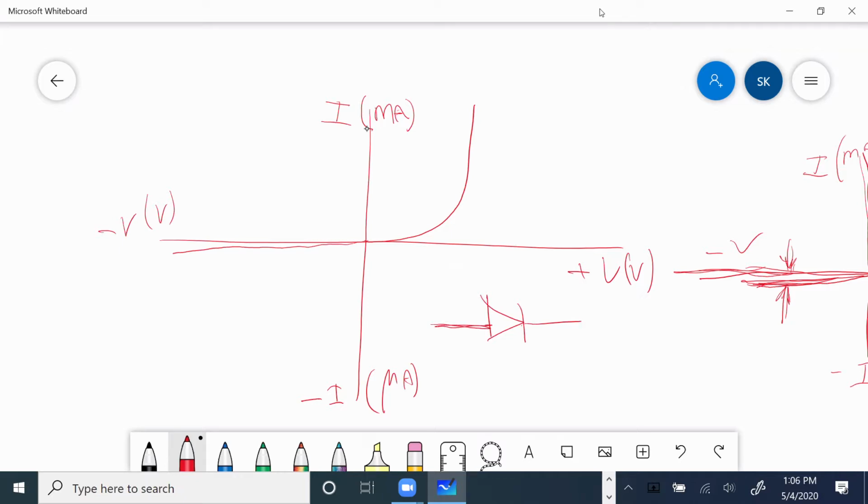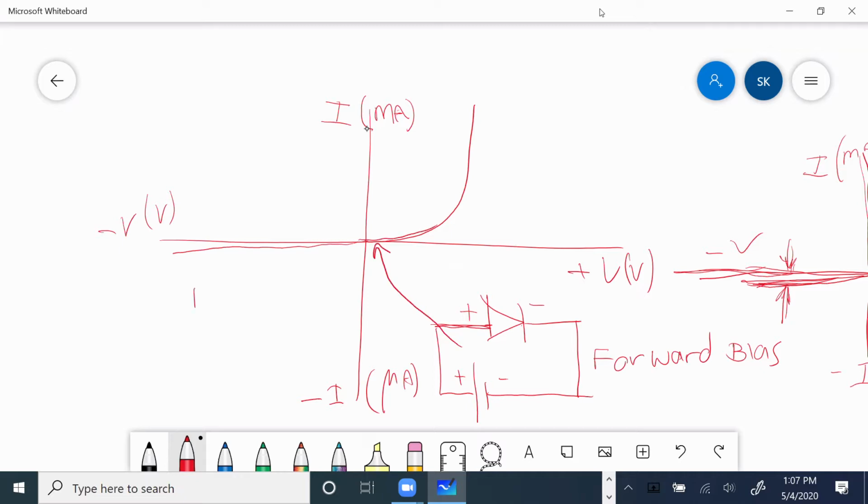So when we say forward bias, that is connecting it this way, this is called forward bias. Which tells me this kind of biasing is for that part.